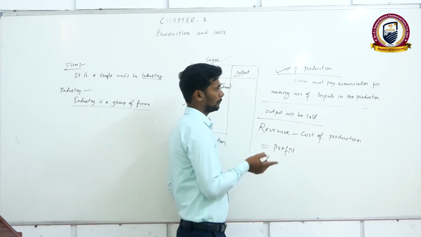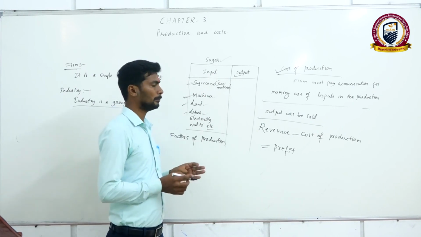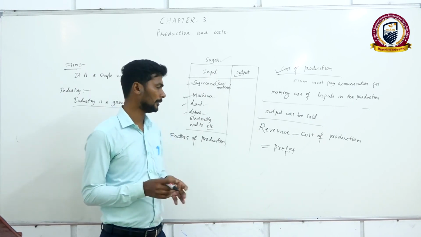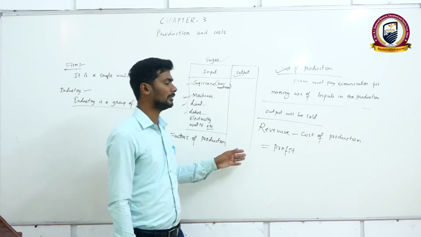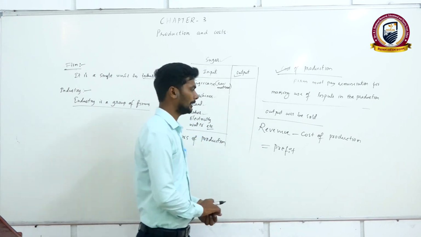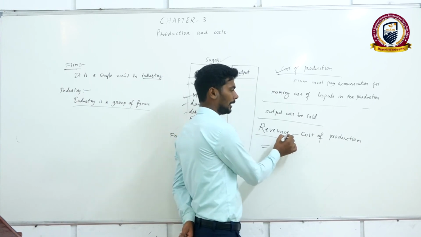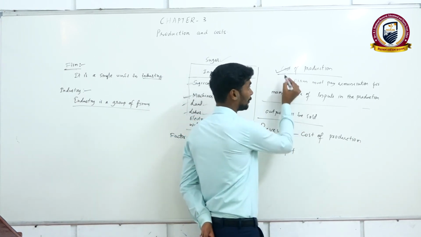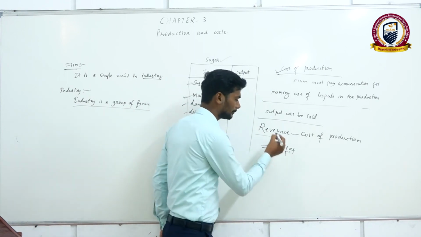After using these inputs in the process of production, a firm will produce a good or output, and whatever amount of output it produces, it will sell in the market. After selling that output, it will get revenue, and revenue minus cost of production is known as the firm's profit.